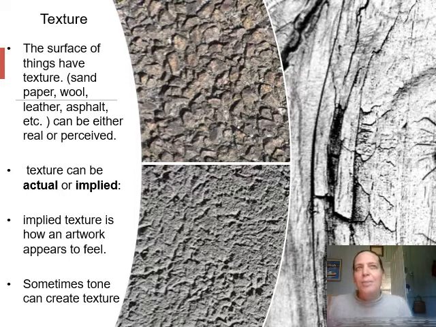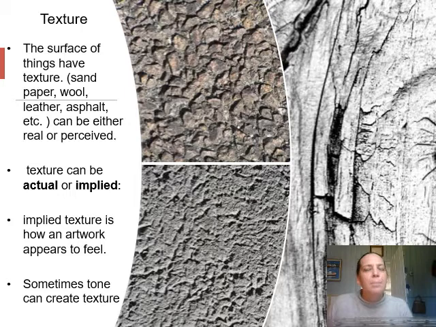The next element of art is texture. Texture is the way things feel, as you know. And that can be rough or smooth or bumpy. If you think of all the different materials we have in the world, they all have very different textures.